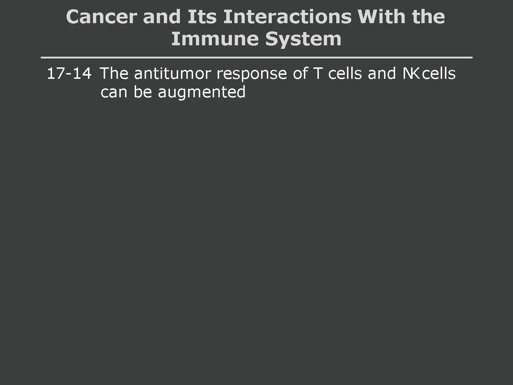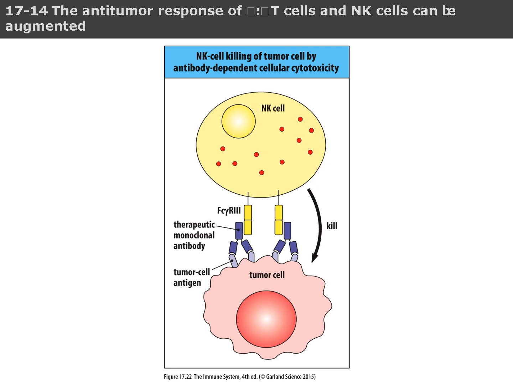The anti-tumor response of T cells and NK cells can be augmented. This figure shows how natural killer cells can eliminate tumor cells through antibody-dependent cellular cytotoxicity. Therapeutic monoclonal antibodies bind to specific tumor cell antigens.